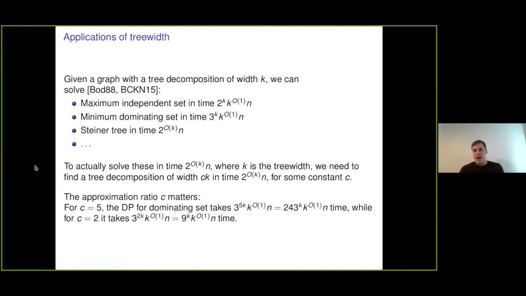And just to motivate optimizing this approximation ratio c: if you have an approximation ratio of 5, then the dynamic programming for dominating set takes time like 243 to the k, while if we have approximation ratio 2, it takes time like only 9 to the k.